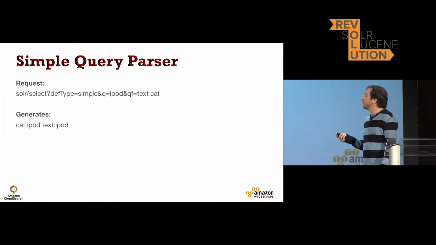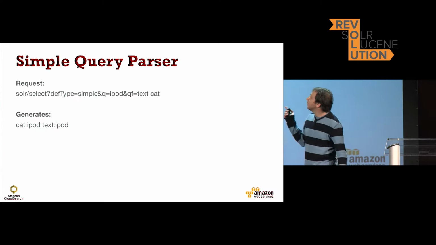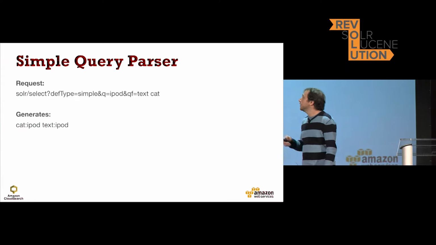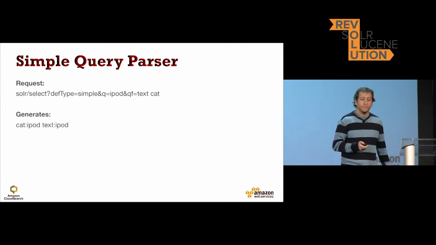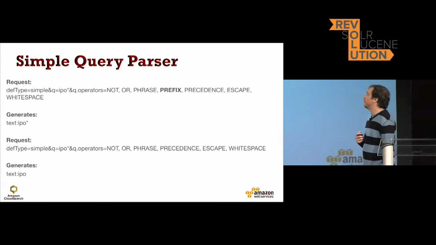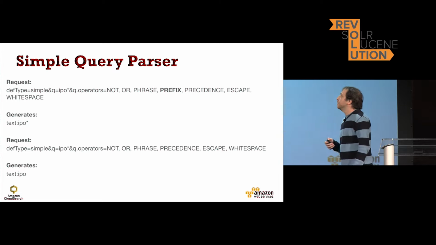This is an example of how you use the simple query parser in Solr. This is a simple query of iPod on the text and cat fields, and it generates a Boolean query. This is the example that I was saying before. It's iPod star, and you list the operators that you want to support.